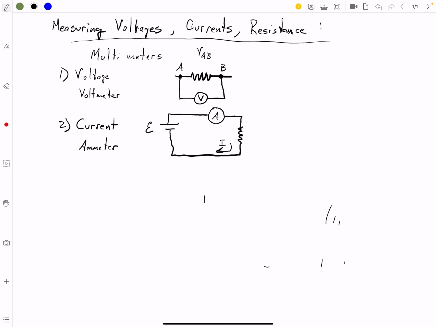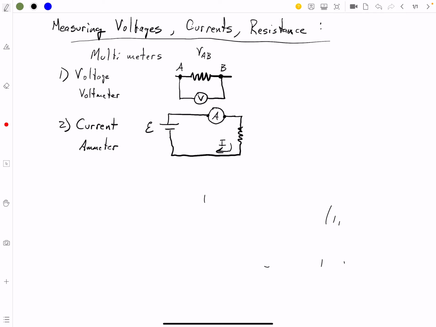And it's in series, so we have inserted it into 1 point. We're not taking 2 points. We're cutting the wire, putting our ammeter in, and then continuing on. So the ammeter is not connected across 2 things.